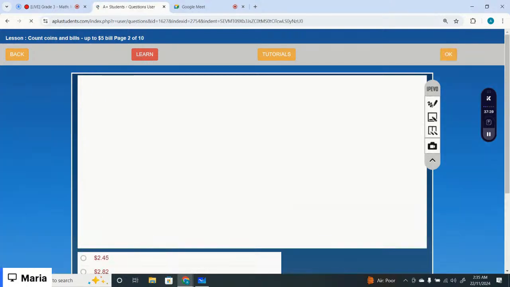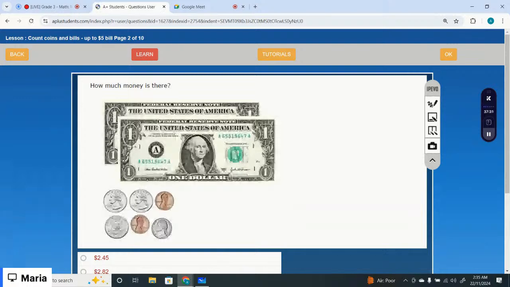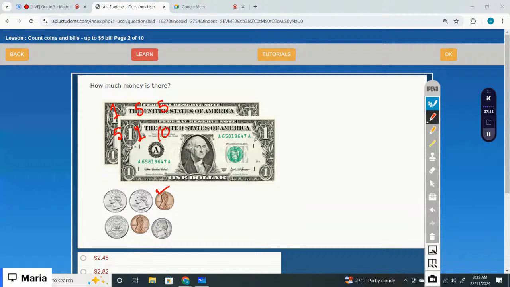Got it? Okay, the next one is how much money is there? So you have two bills for $1, so they are the dollars, $2. Then you just look at the coins. So you have 1, 2, and 3 quarters.